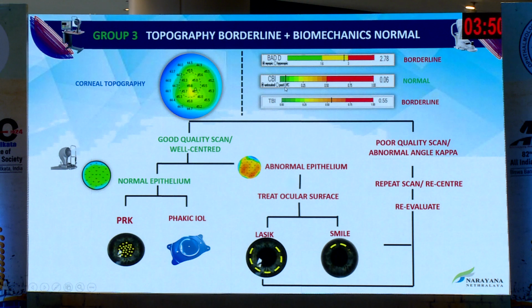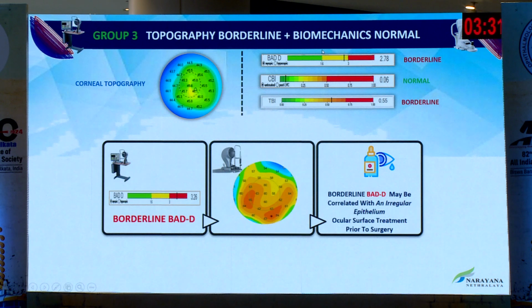So biomechanical parameters help me plan a bespoke treatment for my patients. When I say bespoke, it's about whether you do a PRK, a SMILE, a SMILE Extra, or an ICL. Otherwise, everything is based on just the topography, which is probably not right in today's context.